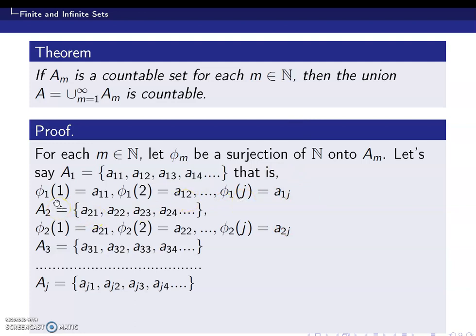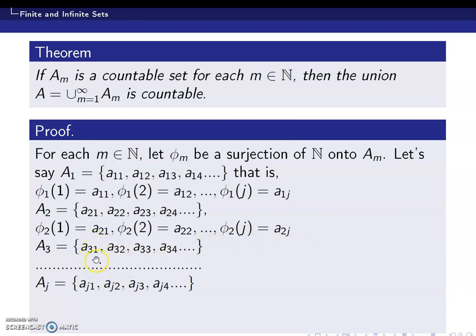Similarly, the elements of A_2 can be represented as a21, a22, a23, a24, etc. Corresponding to A_2, there exists a function phi_2. So a21 must be the element of phi_2 at 1, a22 must be the element of phi_2 at 2, and in general, a2j is the element of phi_2 at j.